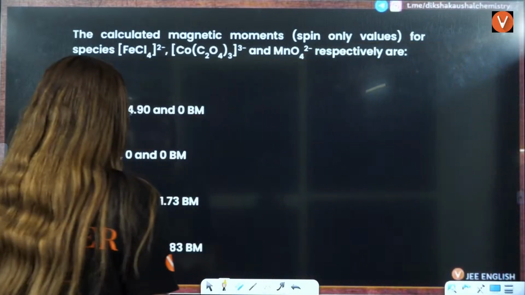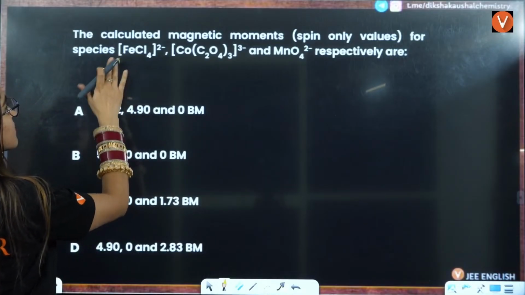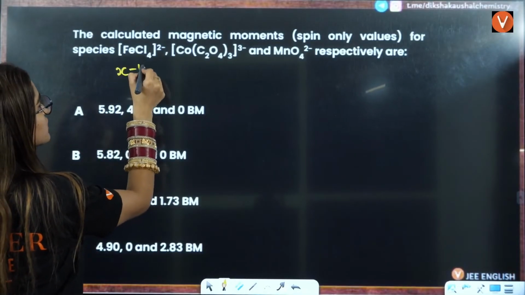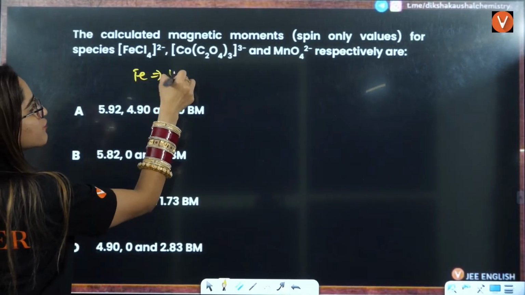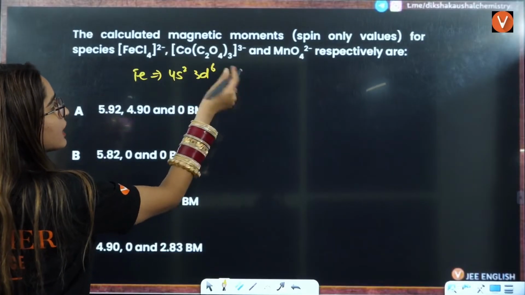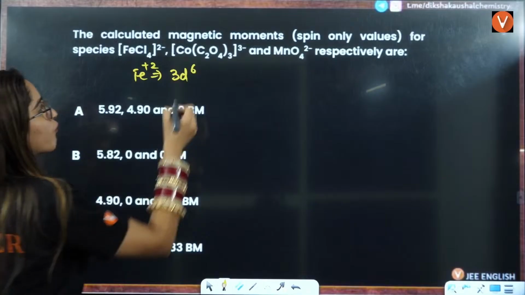So if you see this here, firstly let us calculate for this one. This is x minus 4 is equal to minus 2, so x is equal to plus 2. Iron is 4s2 3d6. In plus 2, it will be 3d6 here, right? What about this one?